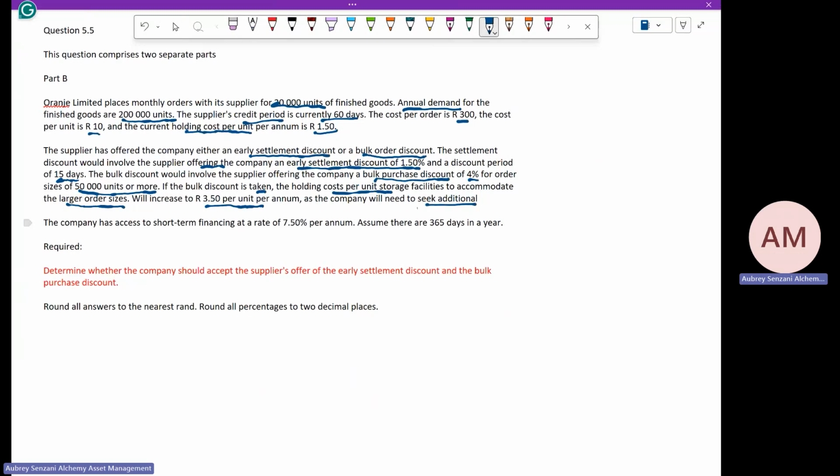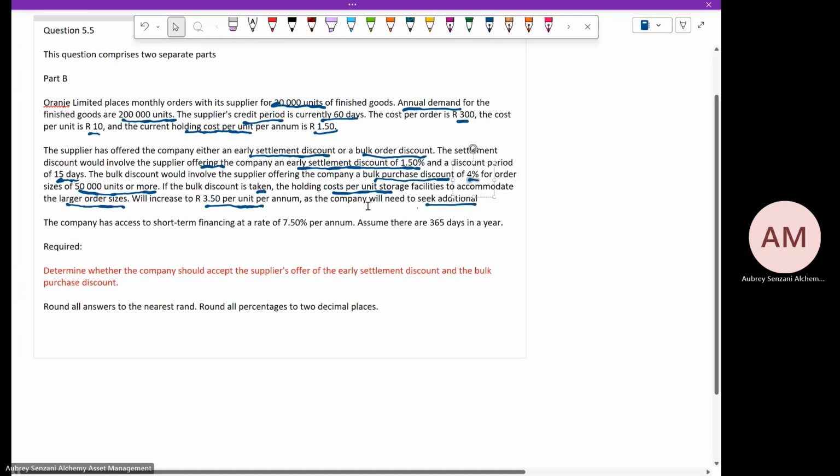I see I didn't add that here, I'll fix that later. Then the company has access to short-term financing at a rate of 7.5% per annum, assuming there are 365 days in a year.